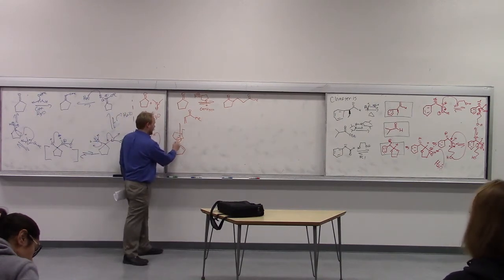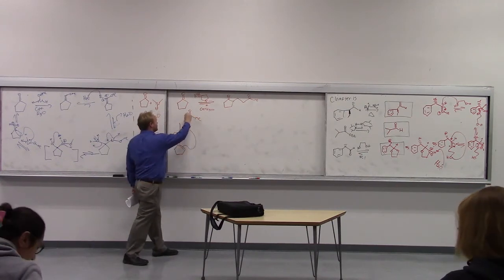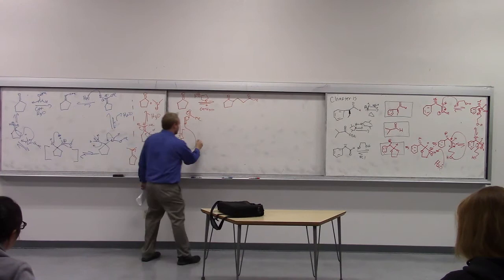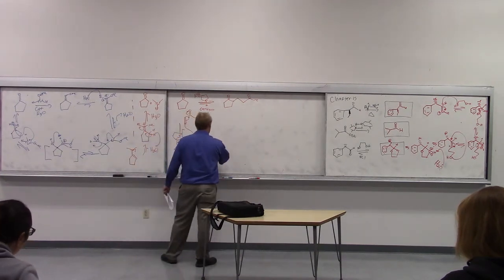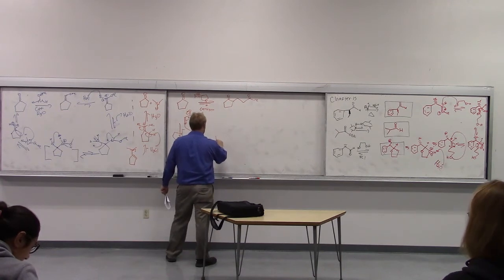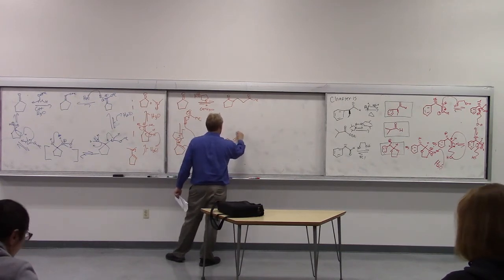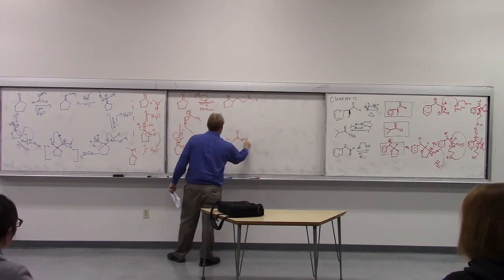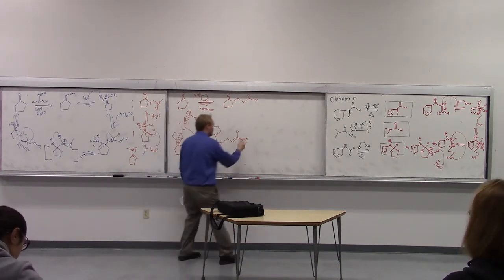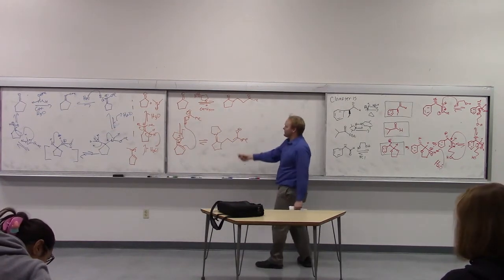So then the enamine is going to do a 1,4 addition, a 1,4 Michael-type addition, to give us the resulting enolate.